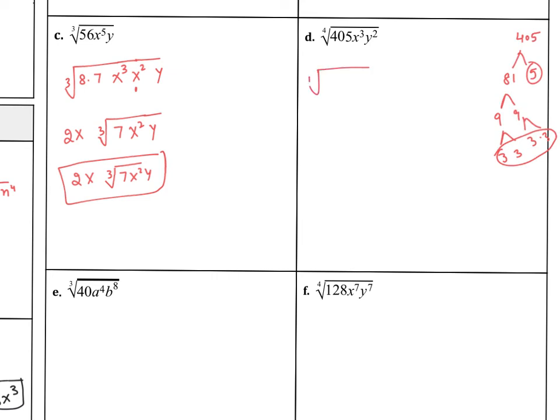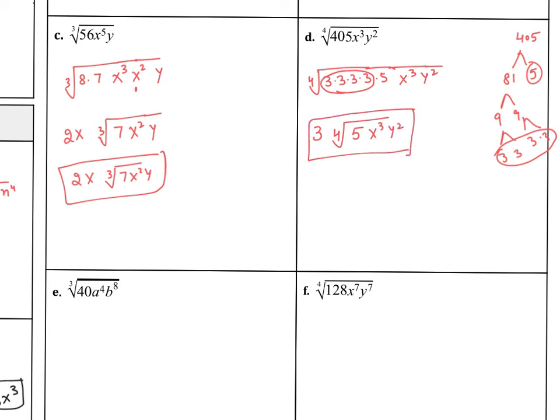So you're going to have 4 of the 3 times 5, x to the power 3, y to the power 2. They make a group of 4, so one of the number outside from each group. Inside you're left with 5 x cubed y squared.